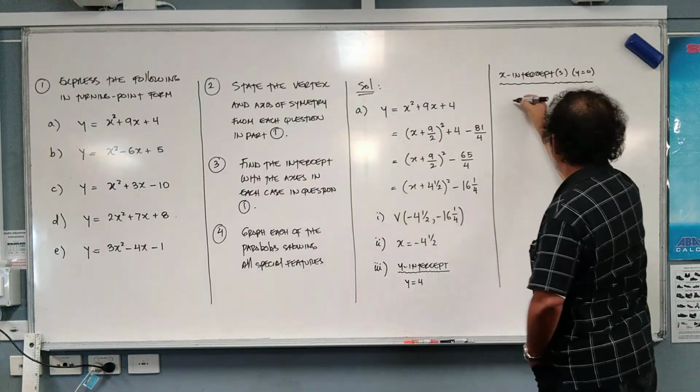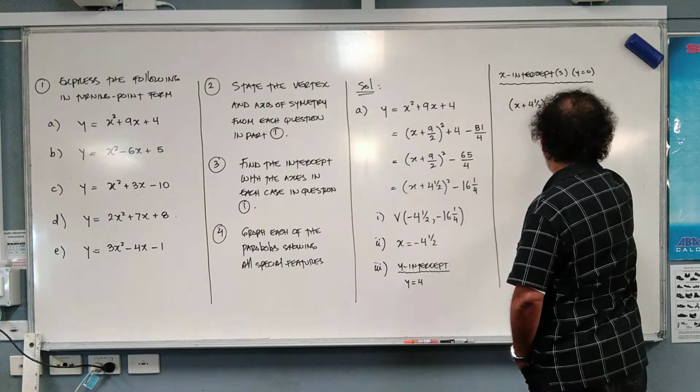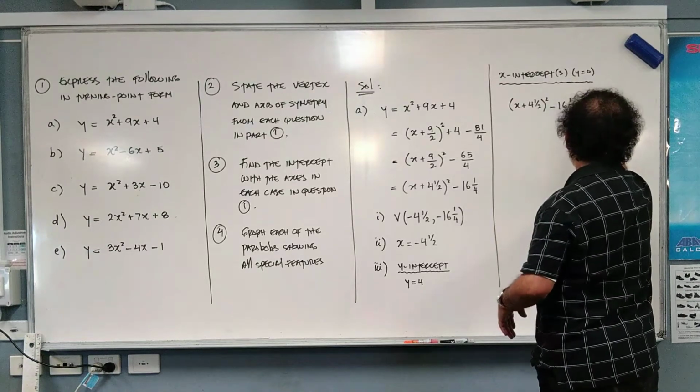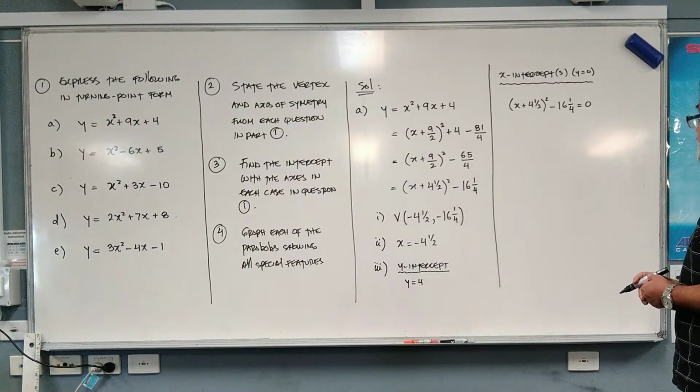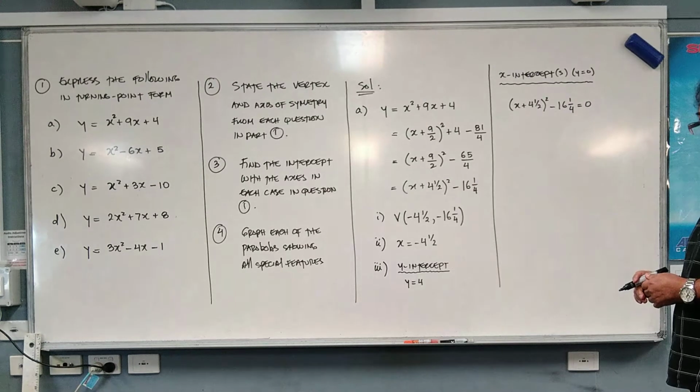So we're going to say (x + 4.5) squared minus 16.25 is equal to 0. And then I'm going to find x, because that's what we need, the x-intercept.